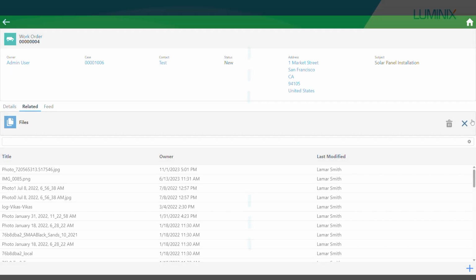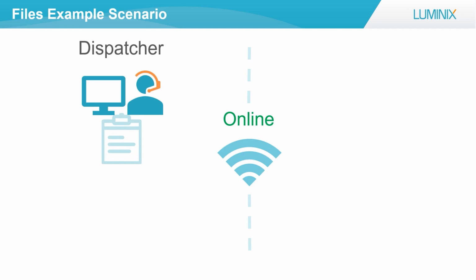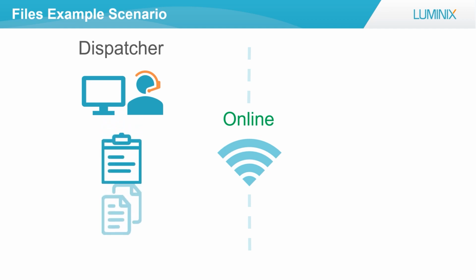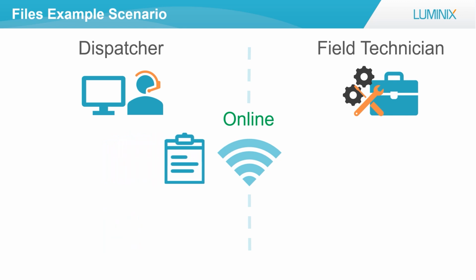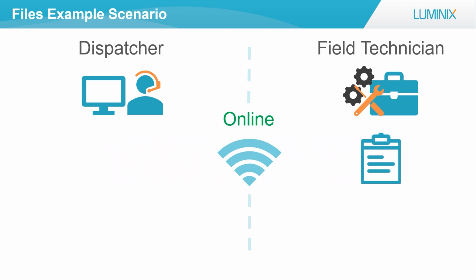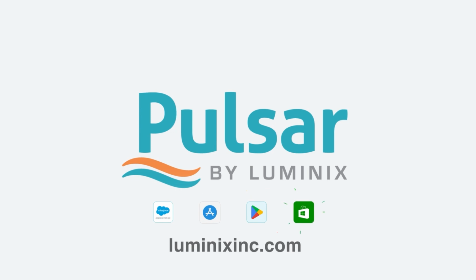But let's say the dispatcher created a work order and they've attached 2 files to that work order, and the files contain instructions on the work order or instructions on how to do the job, they're readily available even when you're completely offline. So that's a quick summary of what Pulsar does and how it does the Salesforce Field Service application within Pulsar.